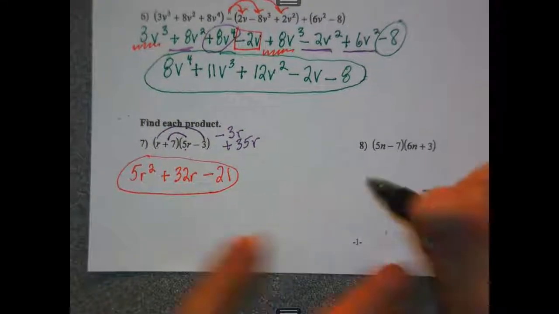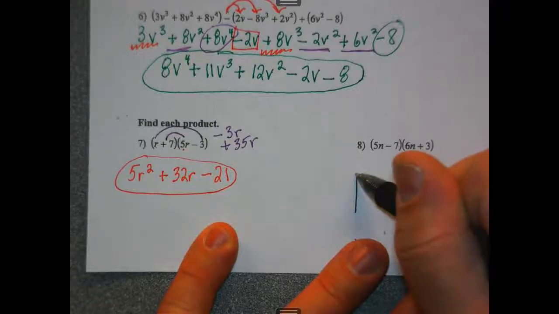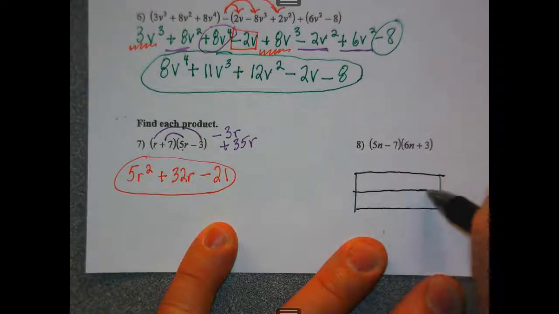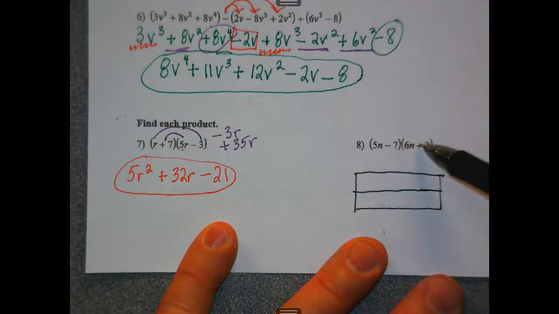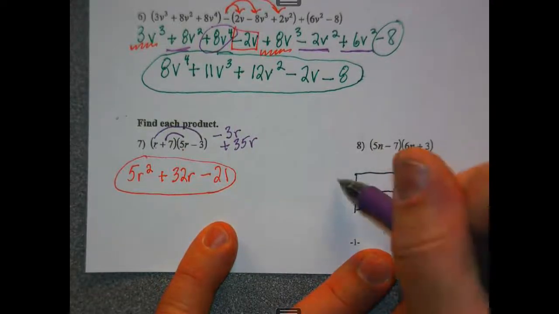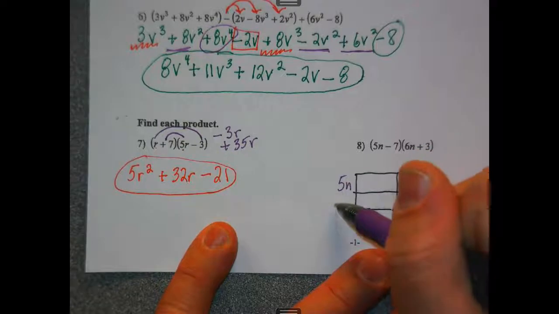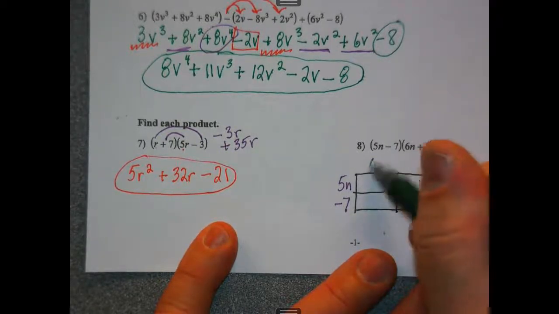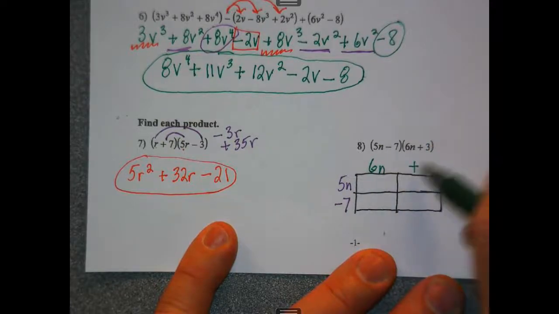So I have a binomial, which is 2 rows, and then times a binomial, which is 2 columns. So I have 5n minus 7, and then I have 6n plus 3.